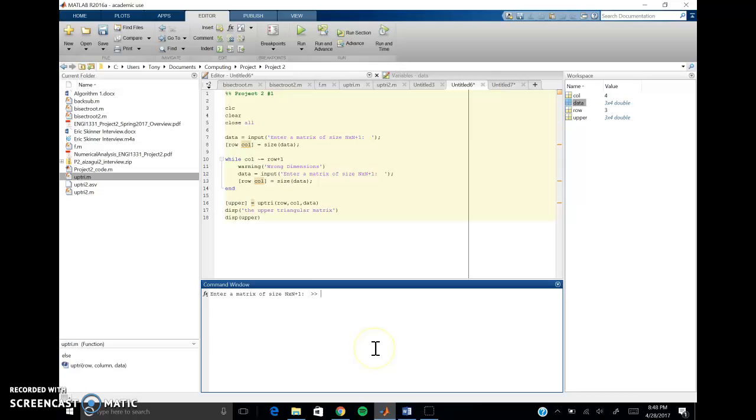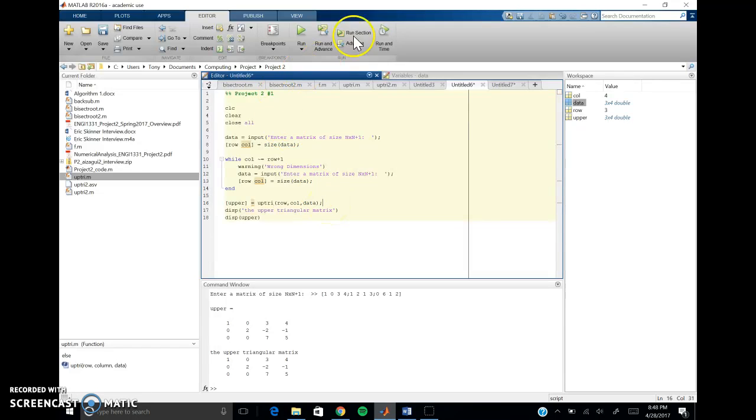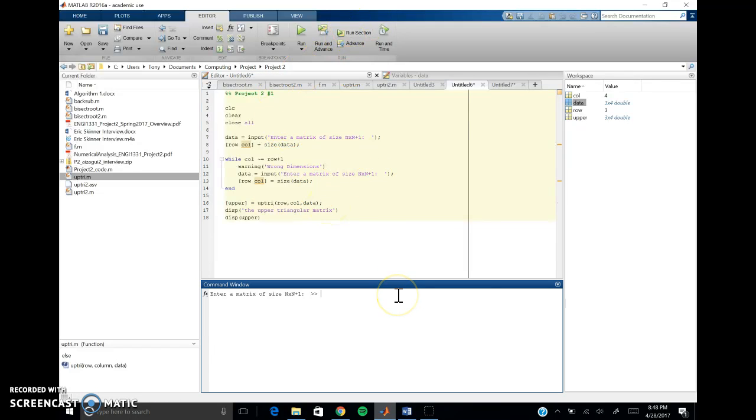So let's run this again, and again, this is just to make it look nice. There, suppress that. My bad. There we go. Looks a little nicer.